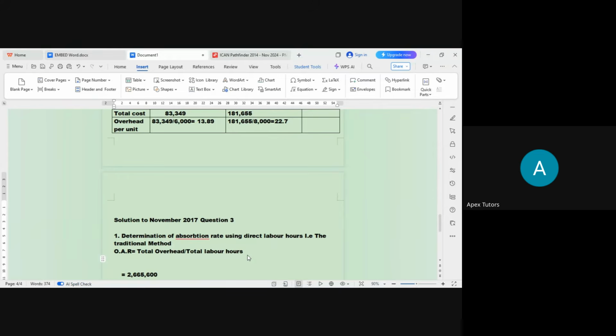The total hours now for products, for the loss or for standard. Let me show that. Standard. Total hours is equal to what?